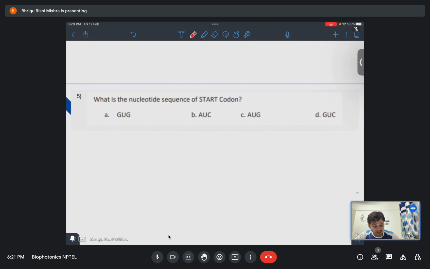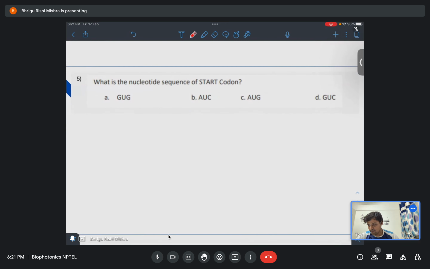What is the nucleotide sequence of the start codon?